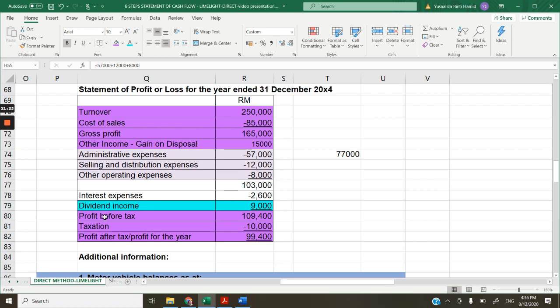It was disclosed here. And even the gain on disposal was not included in the admin expenses, so you don't have to adjust it out. In case you have included, or wrongly included, other income like gain or any other income in the expenses, you need to do some adjustment to adjust out that item.